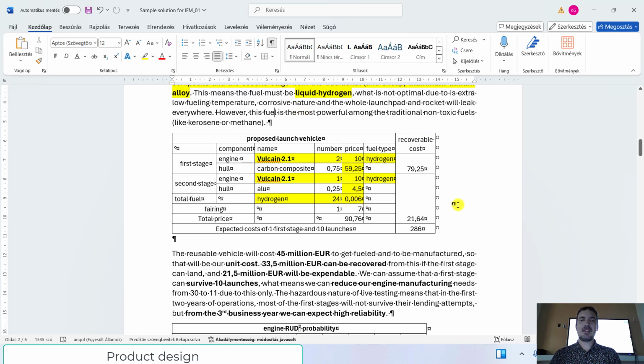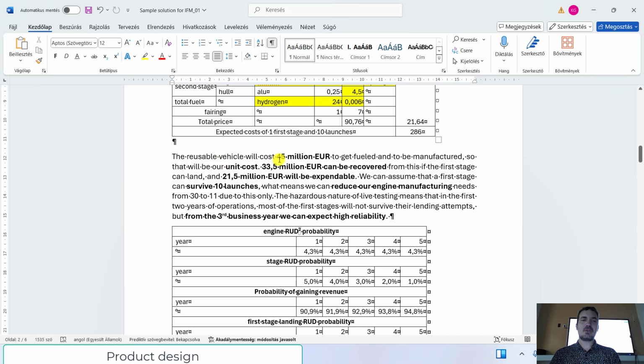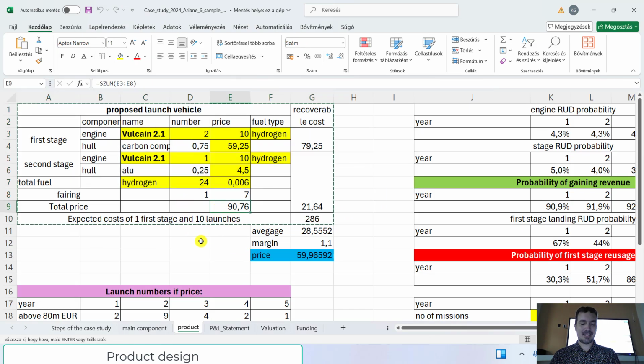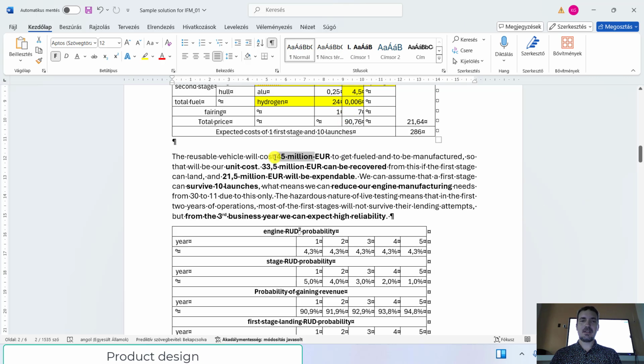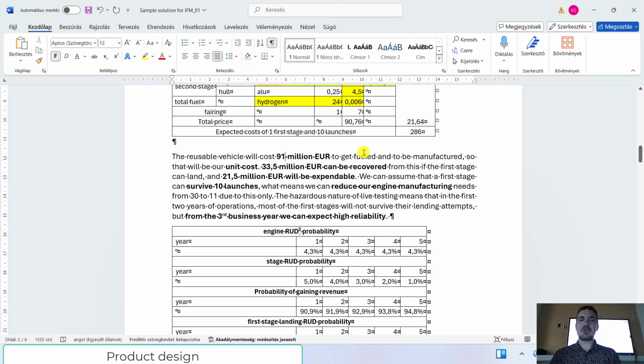So it has its meaning. The reusable vehicle will cost some amount of money for manufacturing. It's so cheap. So 91 million euros to get fueled and manufactured, and this will be your unit cost.